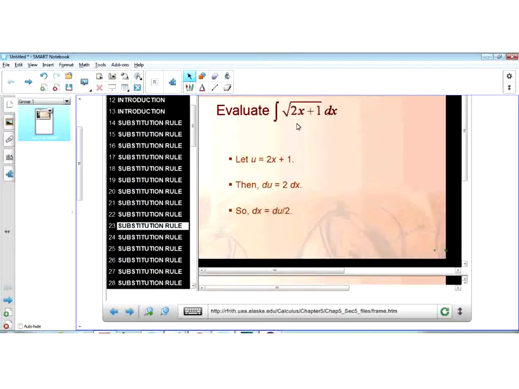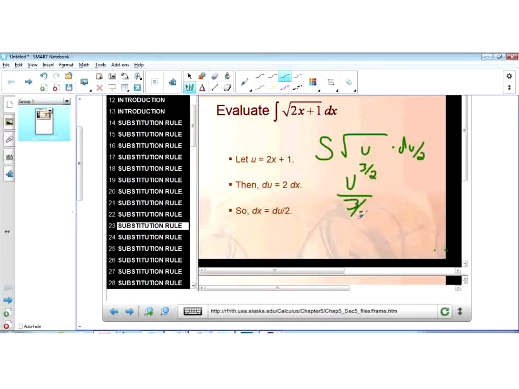So for instance, if we want to evaluate this indefinite integral, the suggestion is let u equal 2x plus 1, and then du is equal to 2 dx. So differential x is du over 2, and so what you do then is you'll end up evaluating the square root of u du over 2, which is u to the 3/2 over 3/2 times 1/2.